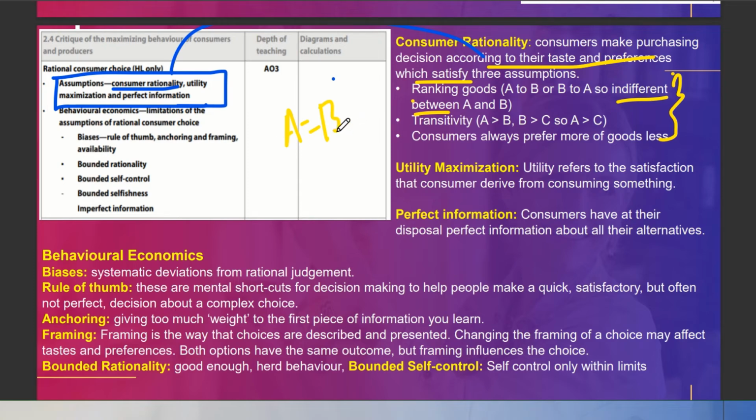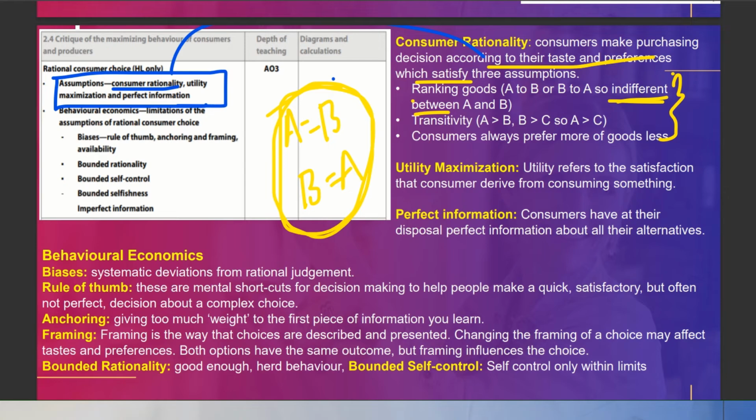A equals B, and B is also equal to A. So what can we conclude? The consumers are indifferent between these two goods. Whether it is A or B does not matter. This is the indifferent behavior of the consumer.